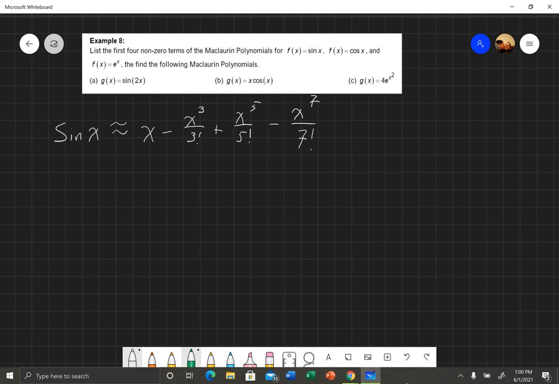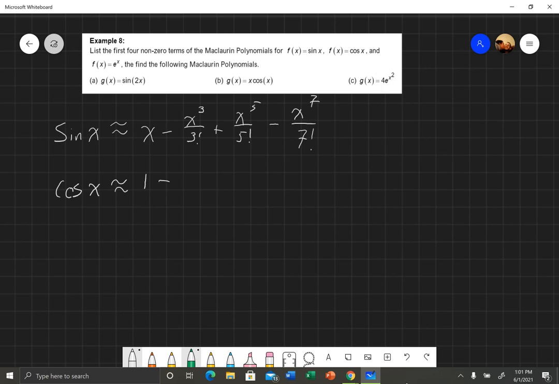F of x equals cosine x. Now, we haven't done this one, right? But this is going to be pretty straightforward. What's cosine x? Well, cosine x is the derivative of sine x. So let's just take our terms and we'll take the derivative of this. So what's the derivative of x? That's going to be 1. What's the derivative of x cubed? That's 3x squared, right?